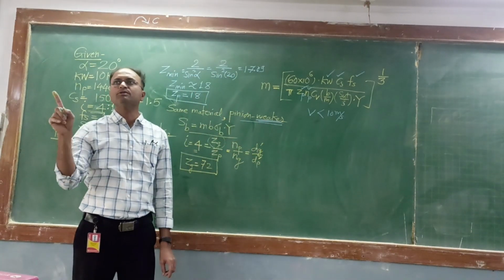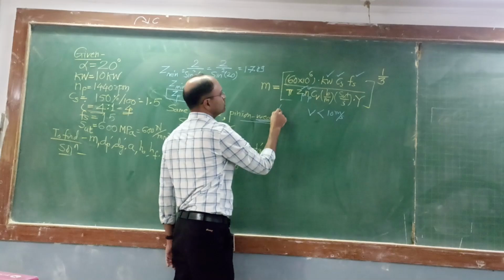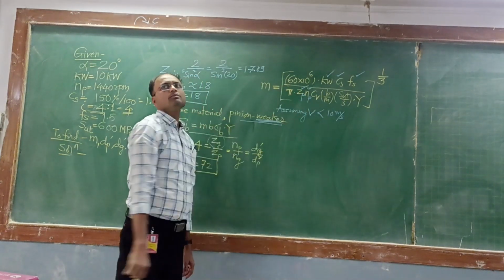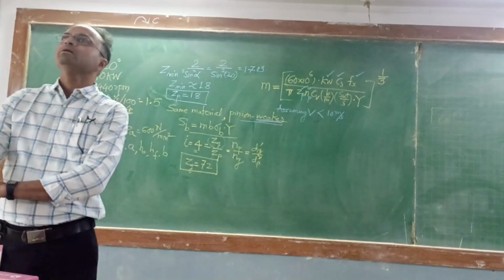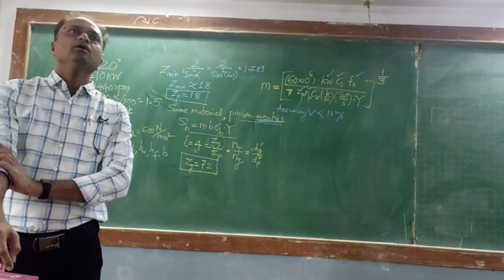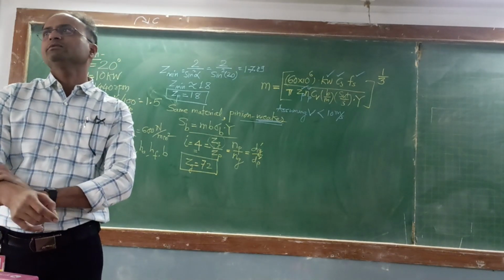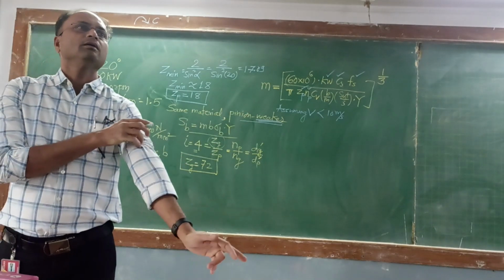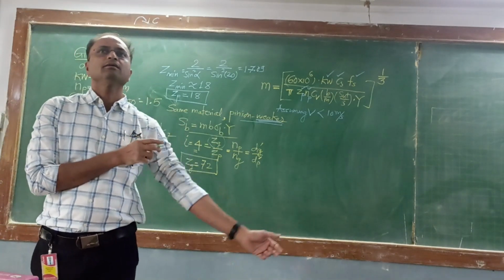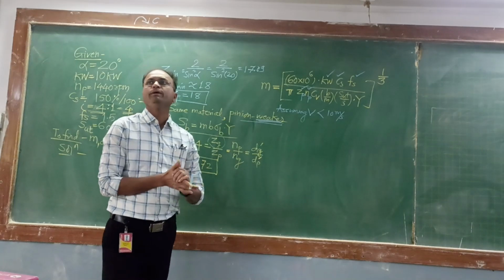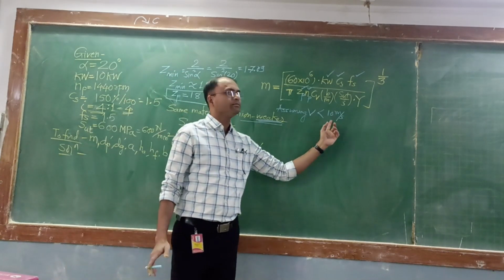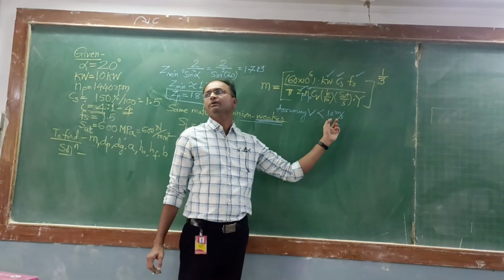So here we will make assumption that velocity, so write down, assuming velocity of pinion, or we call it as pitch line velocity of the pinion to be less than 10 meter per second.